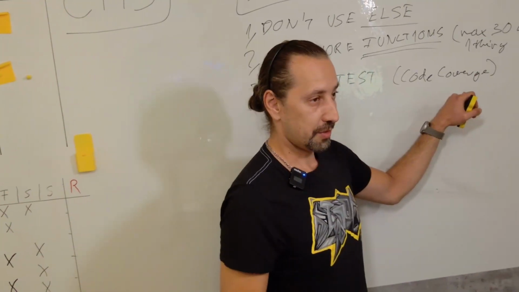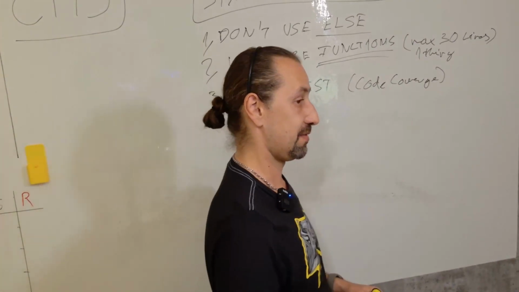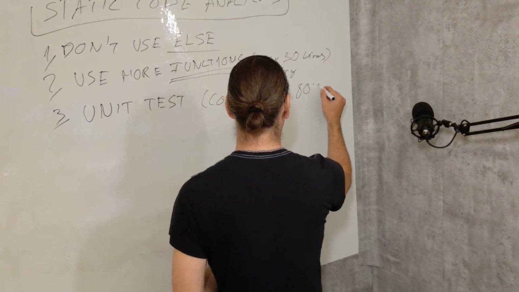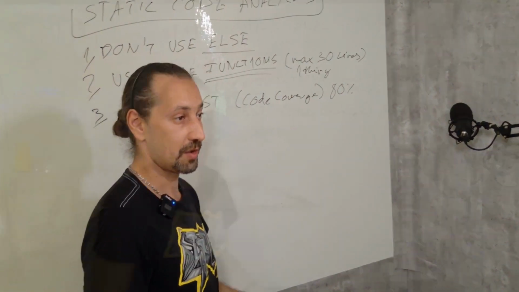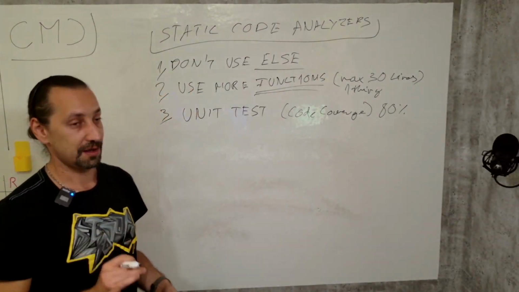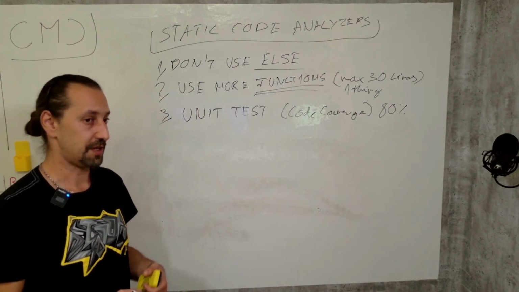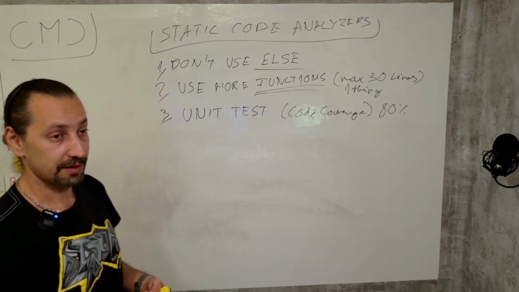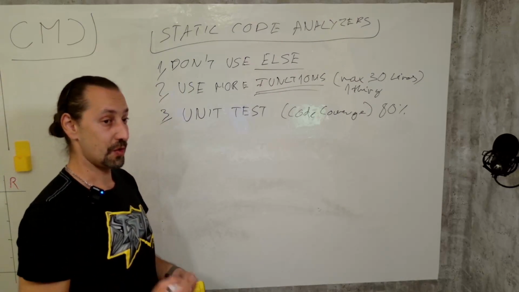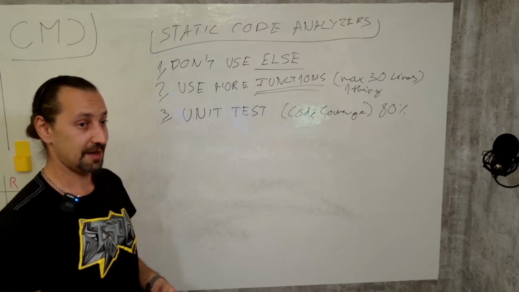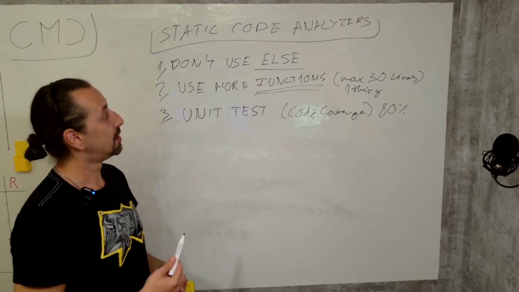And you should focus on code coverage with unit tests. And at least you should be aiming for 80% code coverage. I know there are a lot of people saying that 80% code coverage means nothing. For me, it means that you are not writing unit tests. And if you are not writing unit tests, it's a security issue.